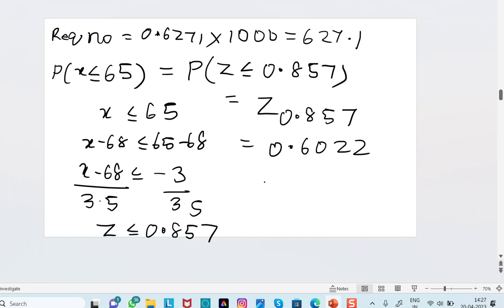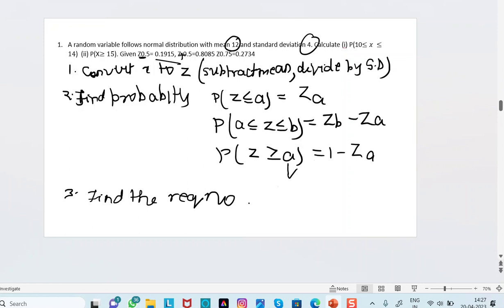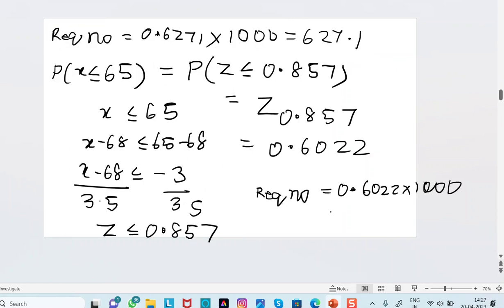Now to get the required number, after converting X to Z and after getting the probability, we just take the probability 0.6022 and multiply by 1000, the number given in the question, and we get the value as 602.2.